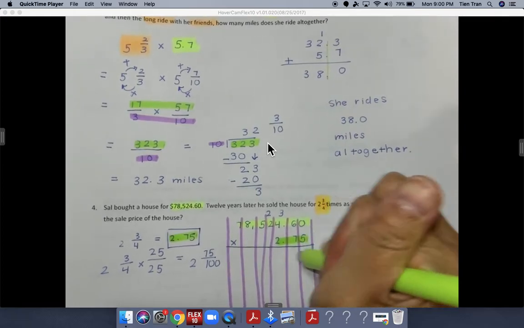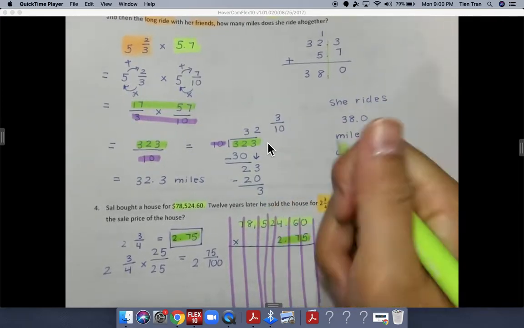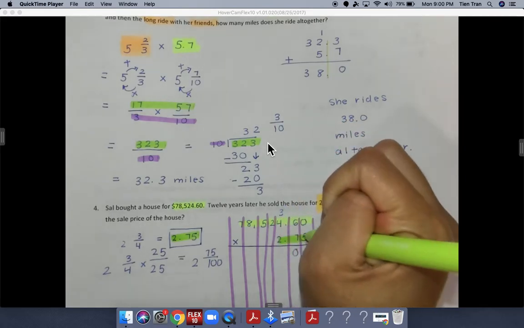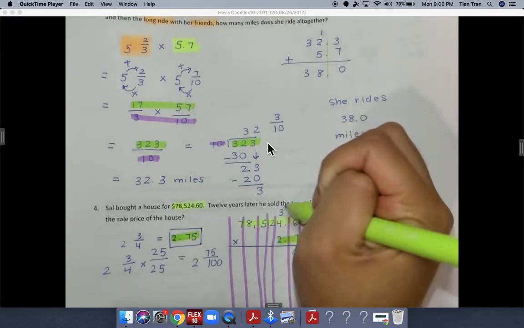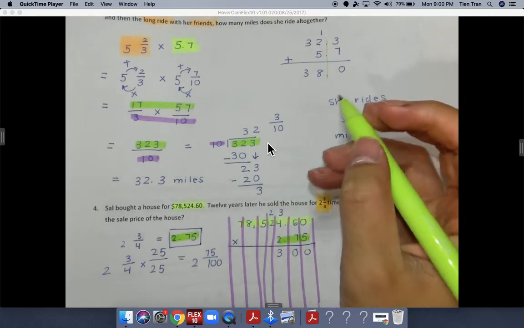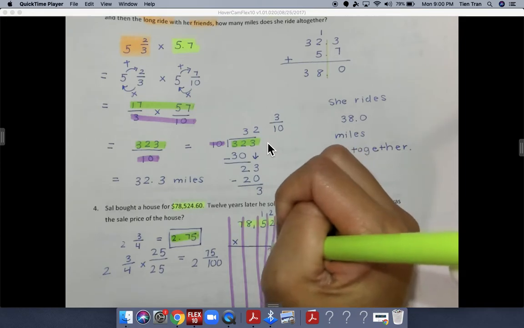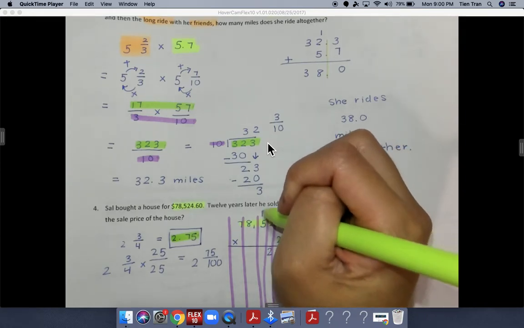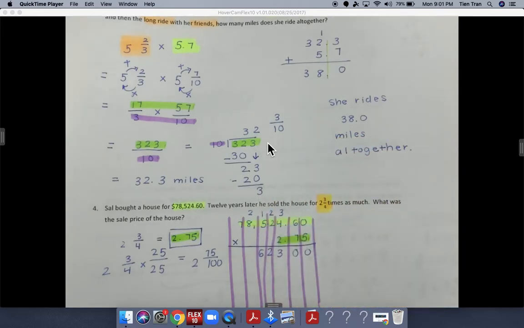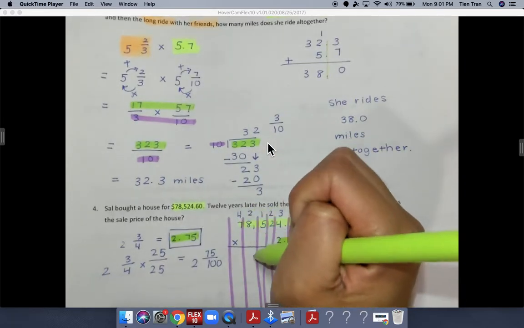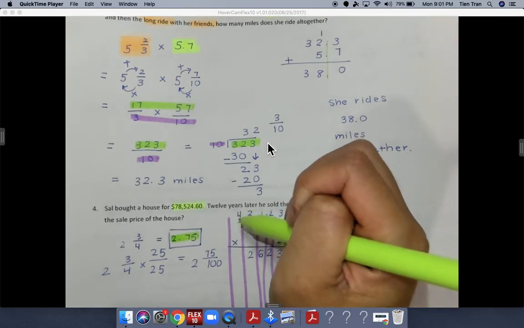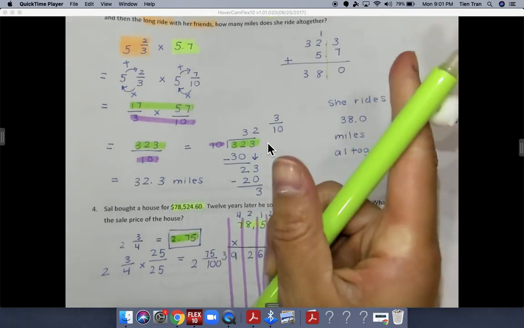I'm going to do this again. 5 times 0 is 0, 5 times 6 is 30, 5 times 4 is 20, plus 3 is 23, 5 times 2 is 10, plus 2 is 12, 5 times 5 is 25, plus 1 is 26, 5 times 8 is 40, plus 2 is 42, 5 times 7 is 35, plus 4 is 39.